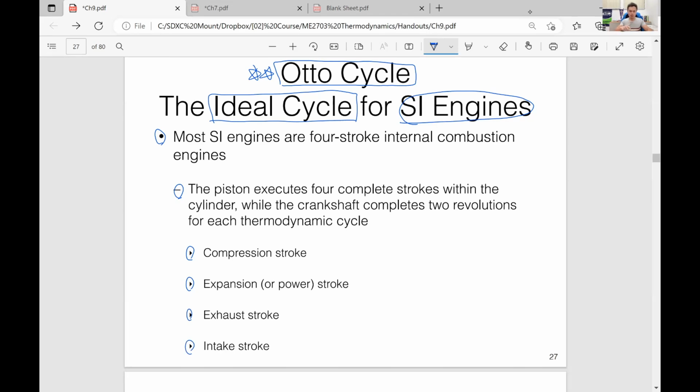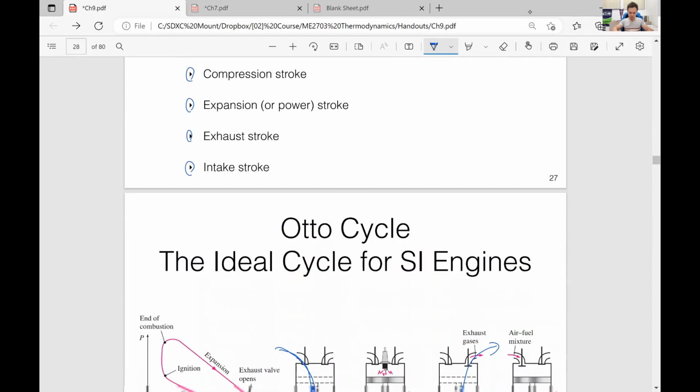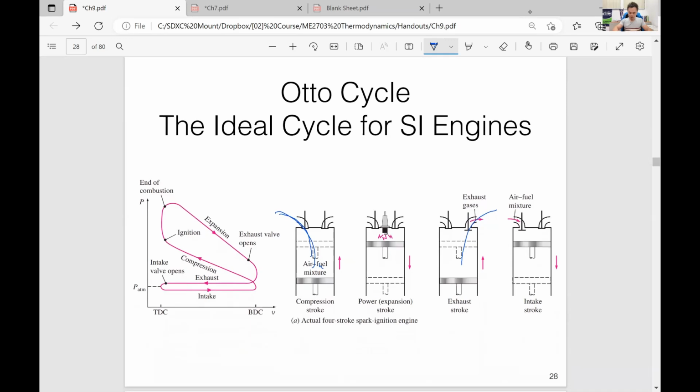So let's look at these one by one. This is the diagram for those 4 strokes. I would like to start from this one, even though it is the last stroke in the diagram, because this is a cycle and it just continues through these 4 strokes.